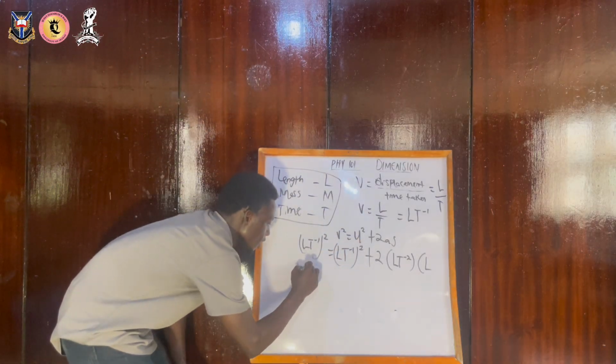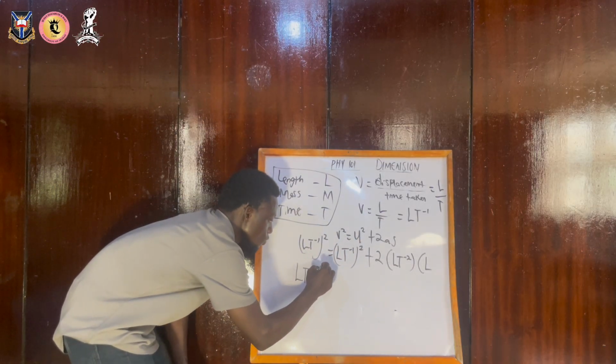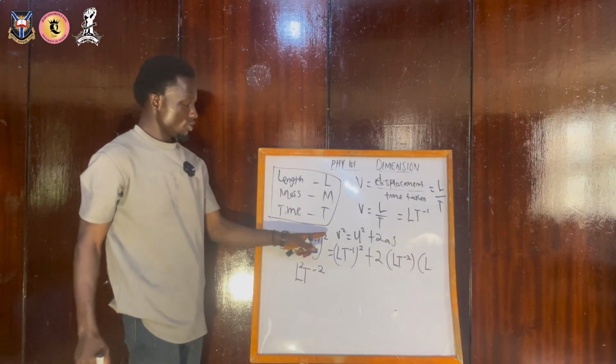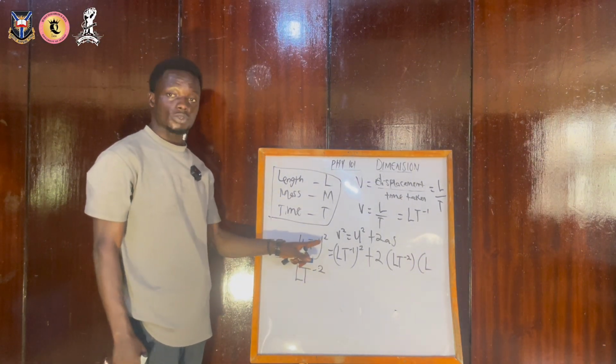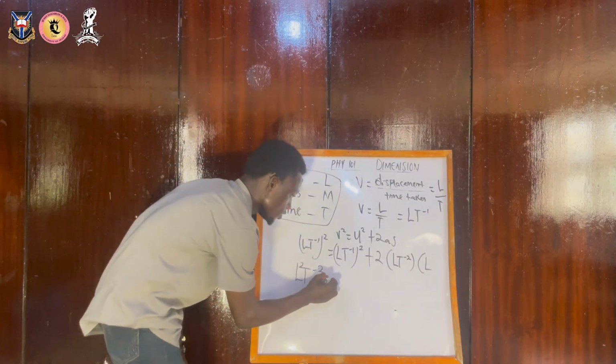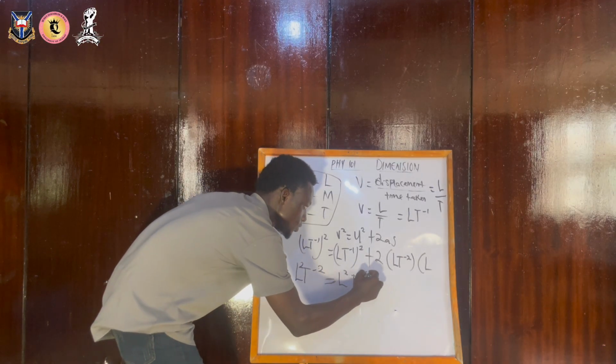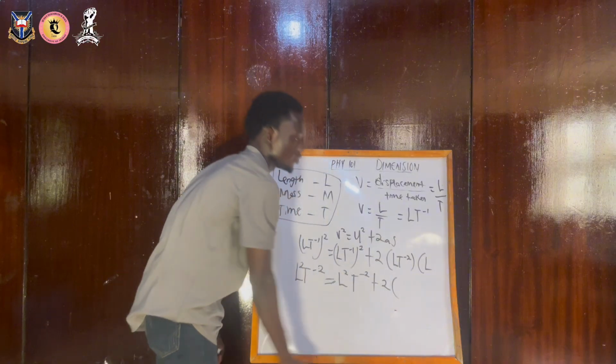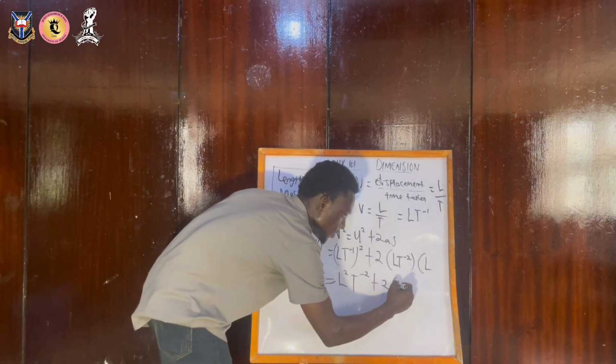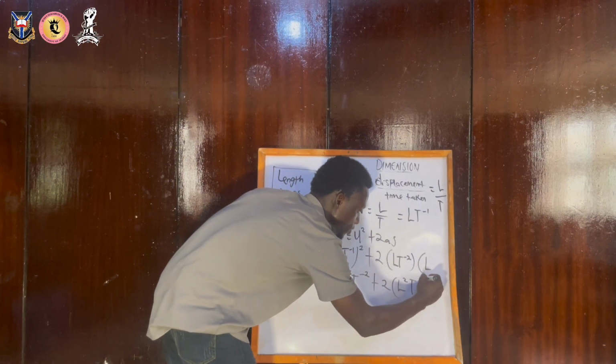So here we have L square T minus 1 raised to power 2, that gives us L square T minus 2, equals L square T minus 2 plus 2 into, now this L multiplied by this L, we have L square T minus 2.